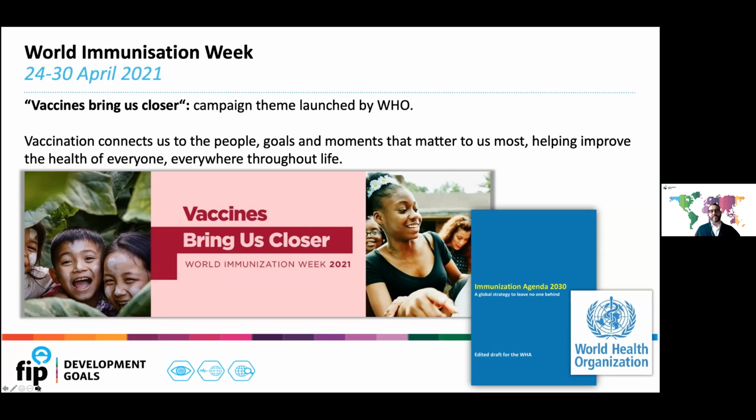This is a very dear document to us and to which FIP contributed as well. It places a special focus on leaving no one behind and promoting vaccination throughout life, from early ages until older adults. At every age, each person should have access to the vaccines and vaccination services that are appropriate to their condition and their age.